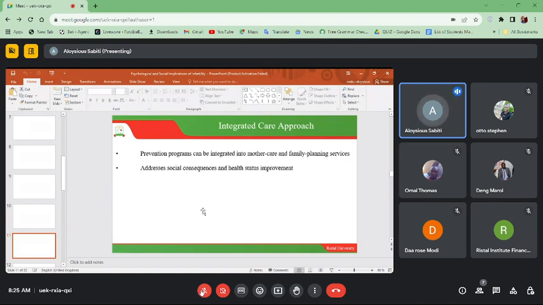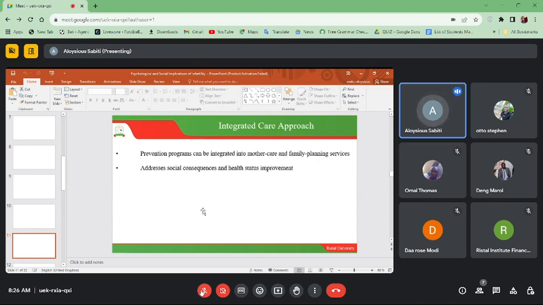So we also want to look at the integrated care approach. Prevention programs can be integrated into mother care and family planning services. So when you go in to preach the message of prevention, you should integrate it into the different services you are offering, whether mother care, antenatal care, or family planning services.